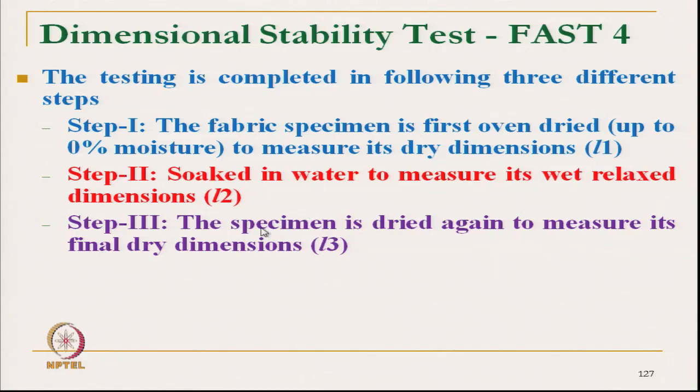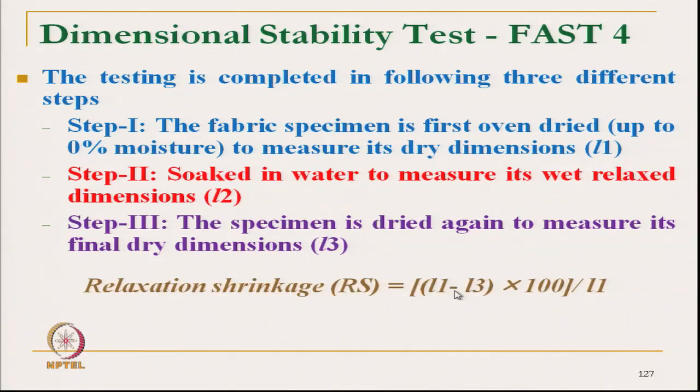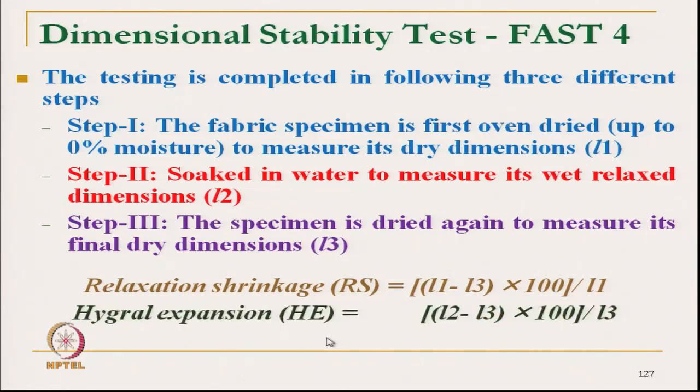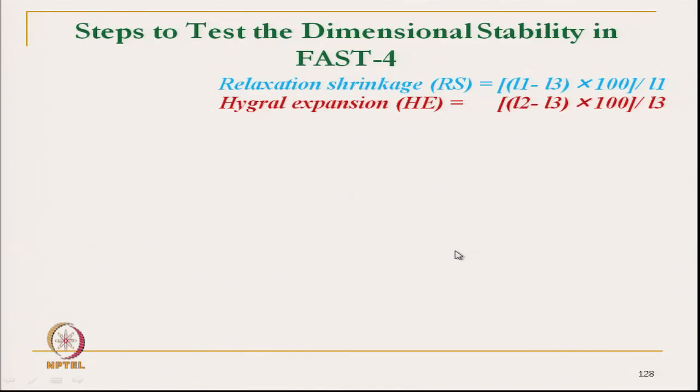So, L1, L2, L3 are the 3 dimensions, and from there the relaxation shrinkage is (L1 minus L3) by L1, and hygral expansion is (L2 minus L3) by L3. We can get the idea about it.